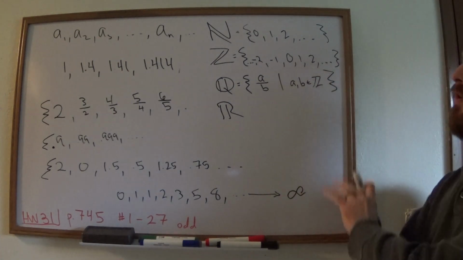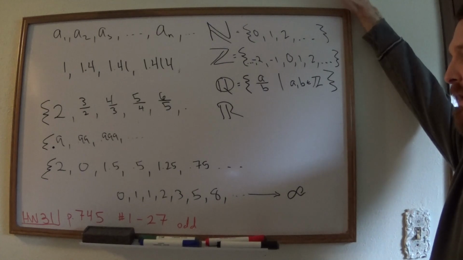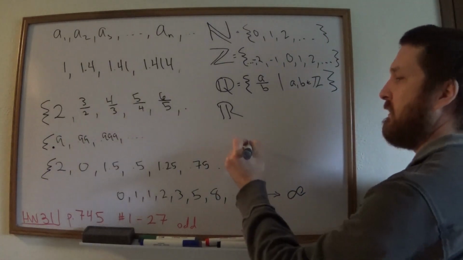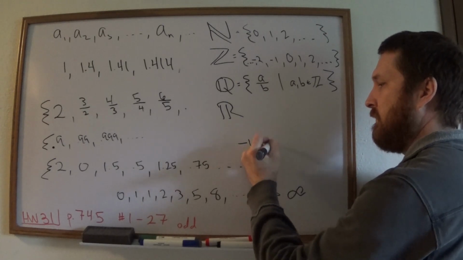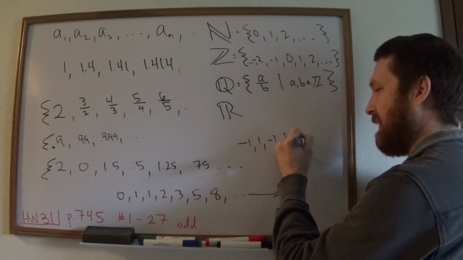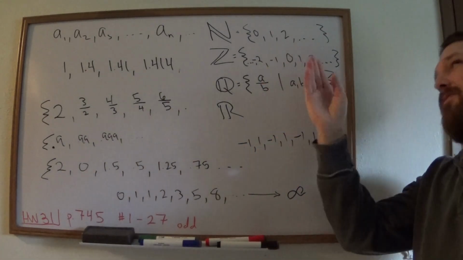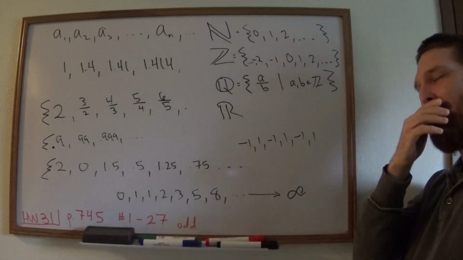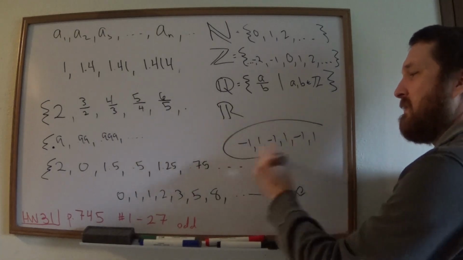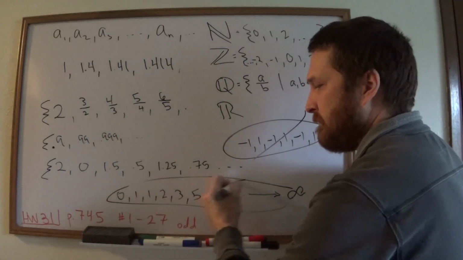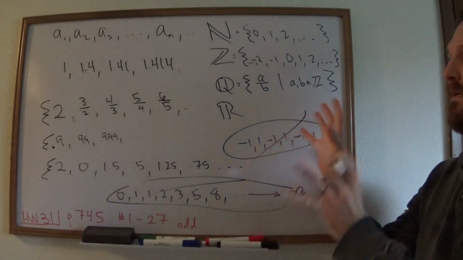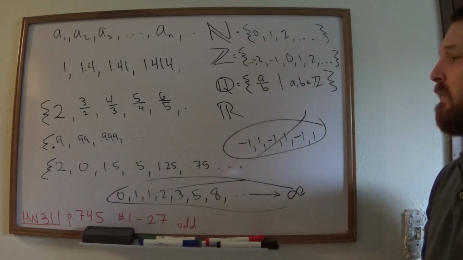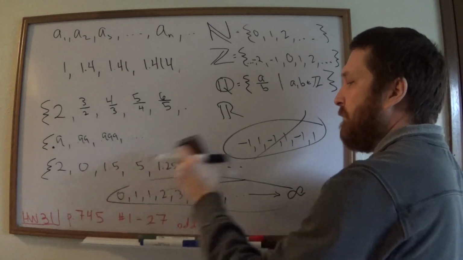So you take all the infinite sequences, and then the ones that don't converge, like this one, here's another one that doesn't converge: -1, 1, -1, 1, -1, 1. It bounces back and forth between -1 and 1, and it doesn't ever settle down on one number. So you take all the ones that don't converge and you throw them out. Now you take the remaining ones, all the ones that do converge to a number.